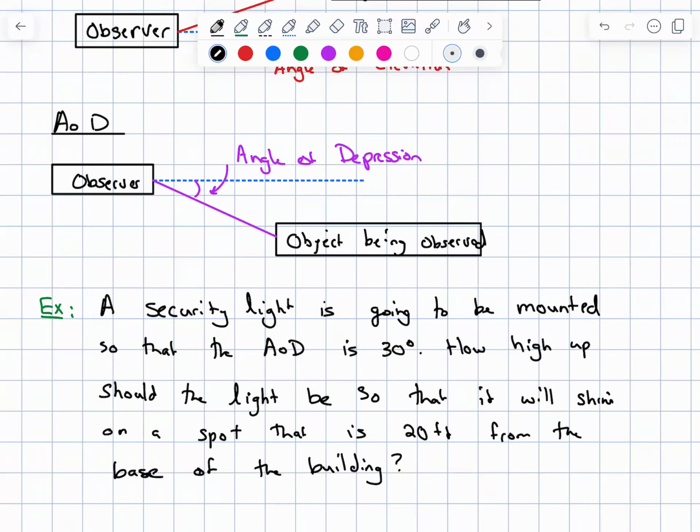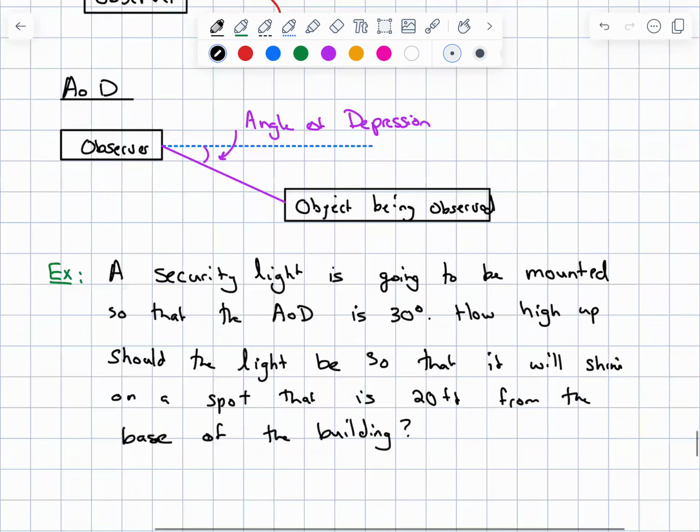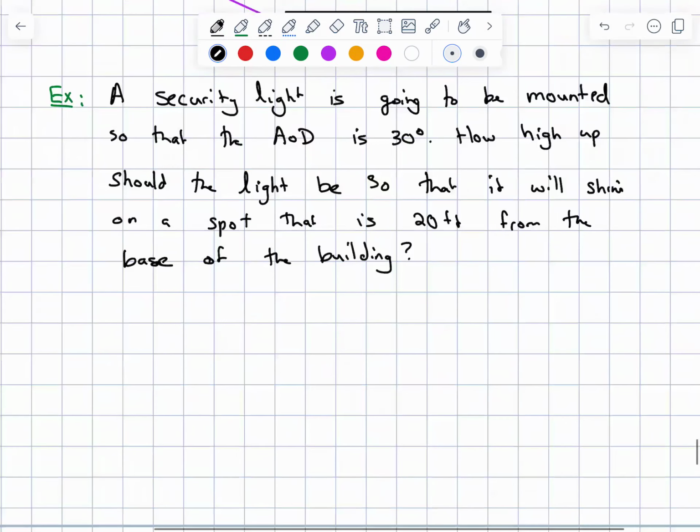Now, how high up should it be placed so that it can shine in a spot that's 20 feet from the base of the building? And this one's kind of hard to grasp while you write.